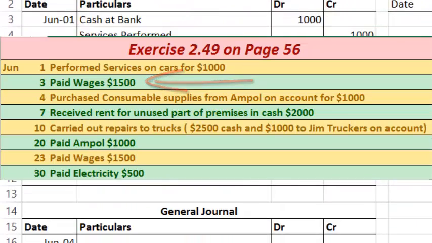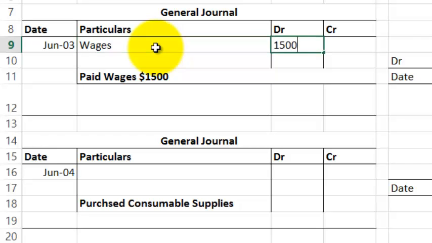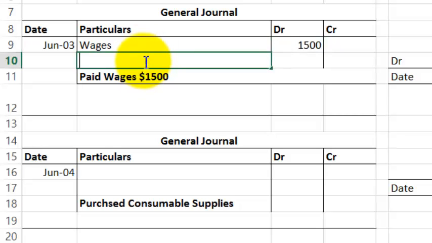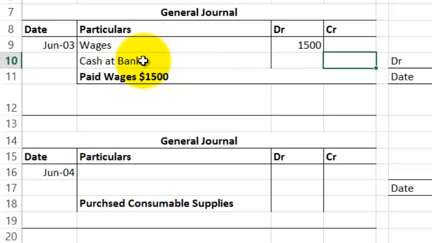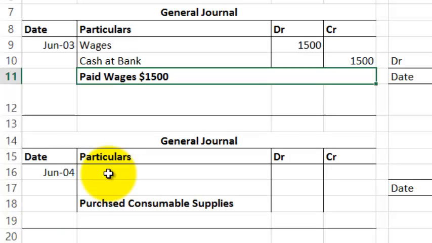We paid some wages. Wages is an expense which 99% of the time is always going to be on the debit side with $1,500. We paid cash for that. $1,500. Okay, debit, credit, all okay. We purchased some consumable supplies on June the 4th.